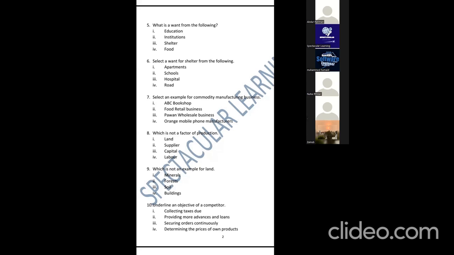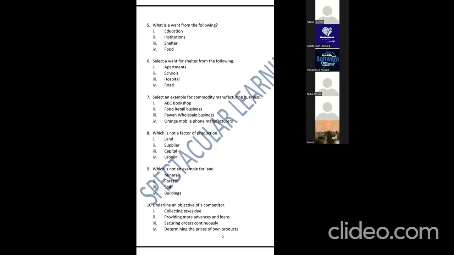Then the seventh one, select an example of a commodity manufacturing business. Somebody please unmute and tell the answer for this. Fourth one, orange mobile phone manufacturers. So ABC bookshop, a bookshop is a service providing business because it doesn't produce any good.